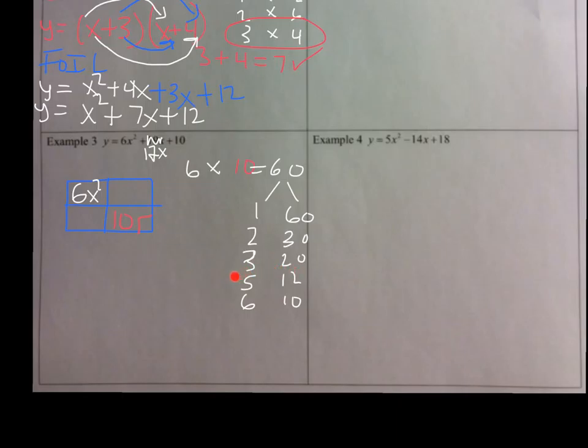So 5 plus 12 gives us 17, which is what we want. So I'm going to circle this. Again, it doesn't matter which boxes you choose to put the 5 and the 12 in. Any one will work. So put 5, remember to put your x, and then 12 on the top right.